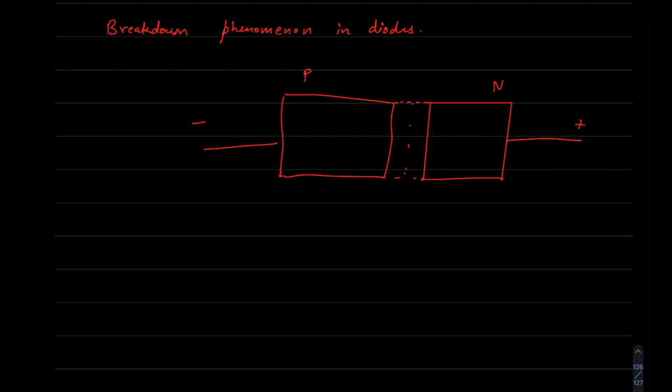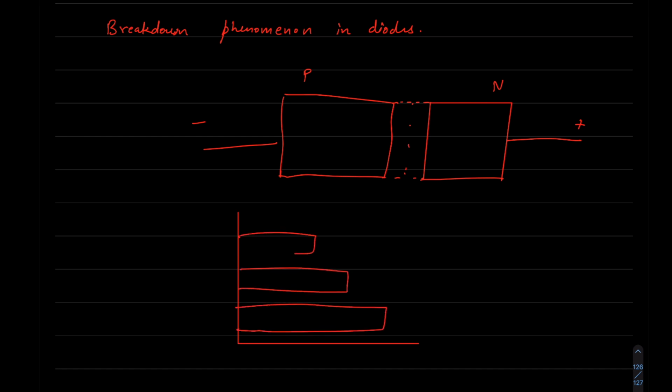So if you remember in this energy band diagram, this is the valence band, this is the conduction band. Zener breakdown is when our voltages are high, but not extremely high. They're high enough that these electrons in the valence band go out into the conduction band.